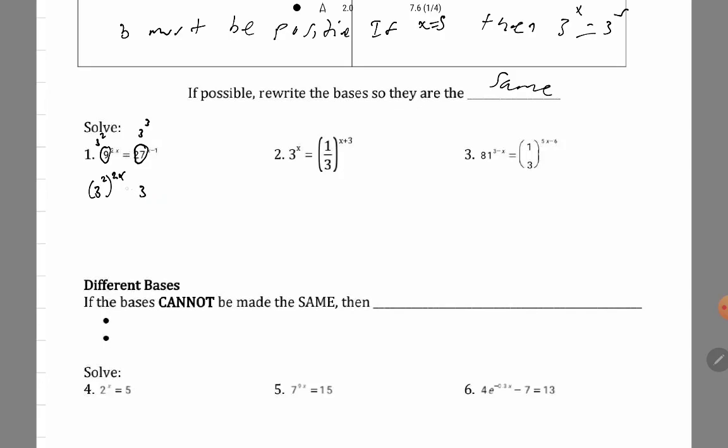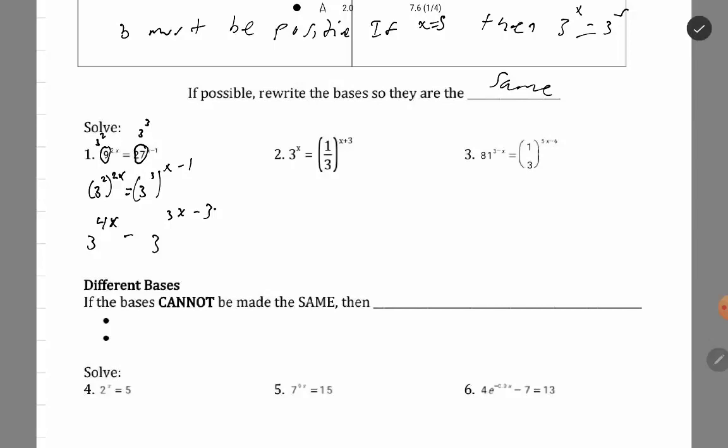So this equals 3 cubed, put this in parentheses, to the x minus 1. Okay? So this is 3 to the 4x, because remember that we multiplied, equals 3 to the 3x minus 3. And remember that was distributive property.